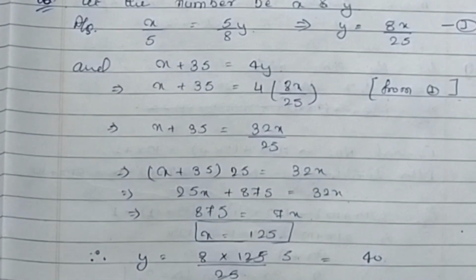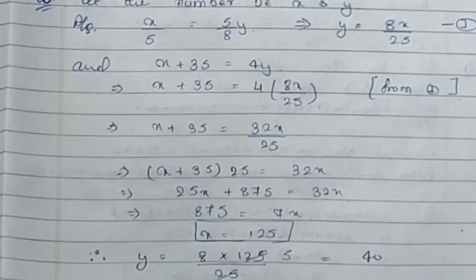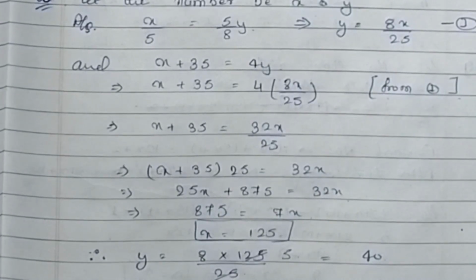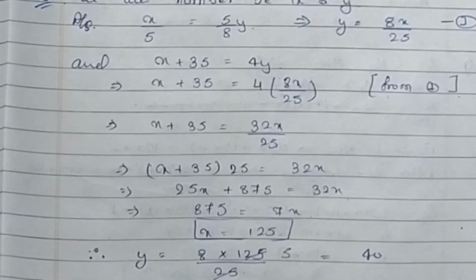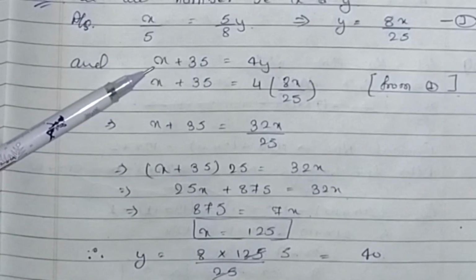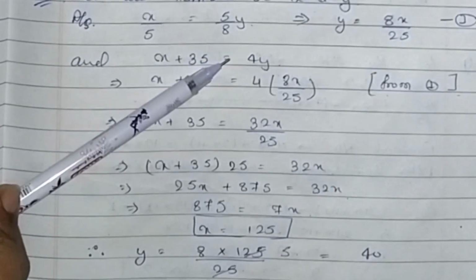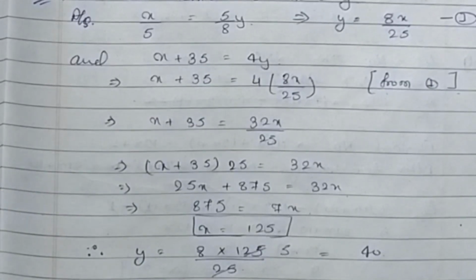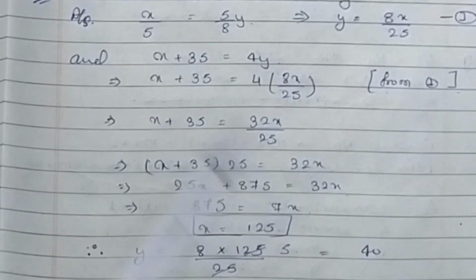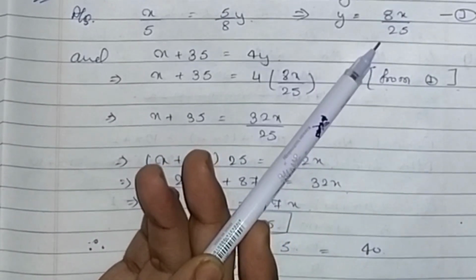Now our second condition is, if we add 35 to the first number, it becomes 4 times the second number. So our equation is x + 35 = 4y, which is our second number. We already know the value of y, which is 8x/25.